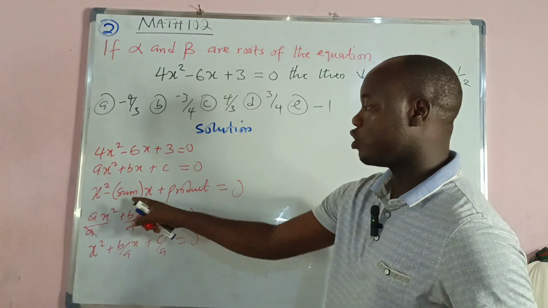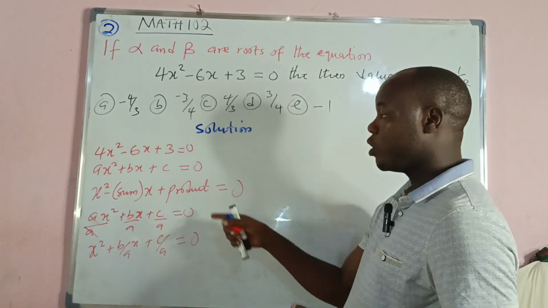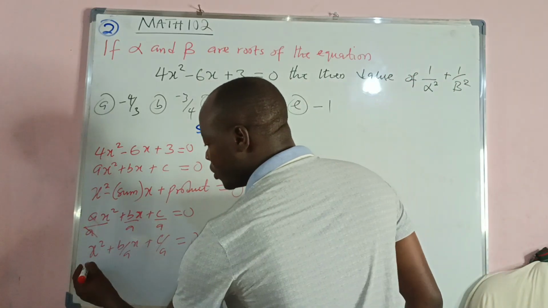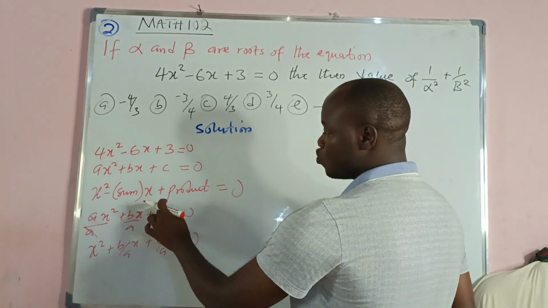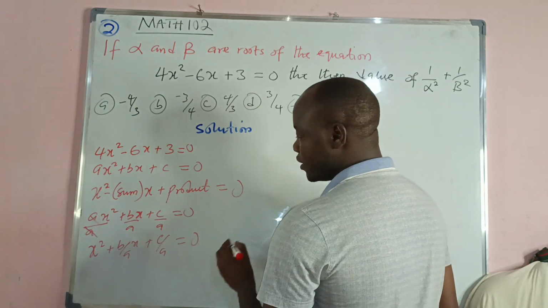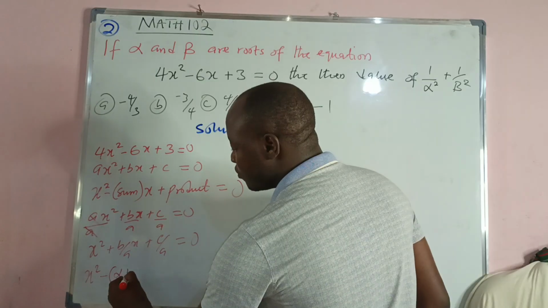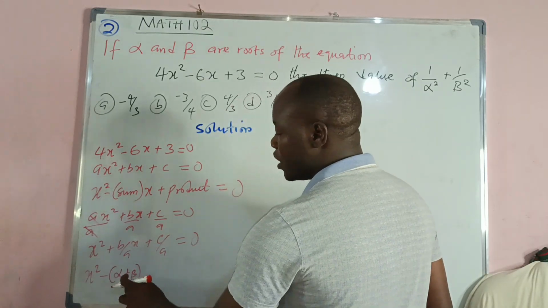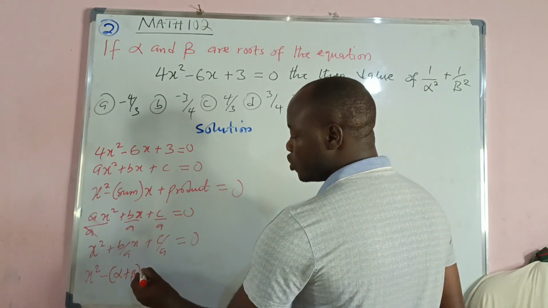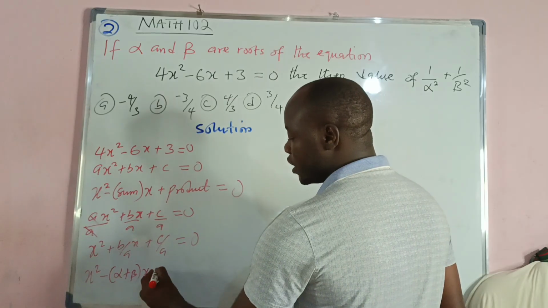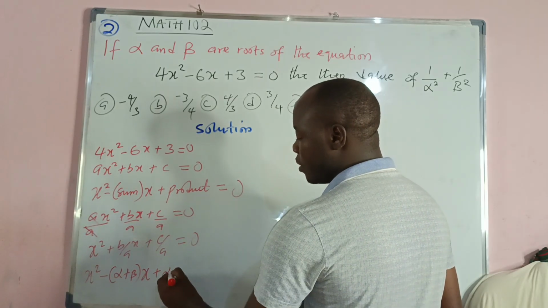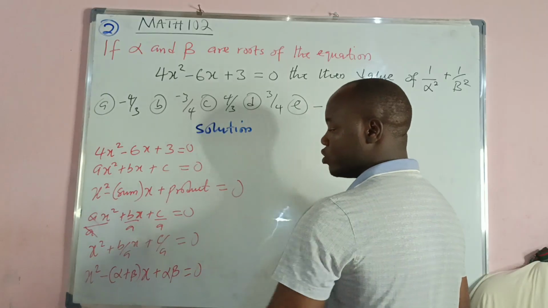Now we talk about the summation and the product. The summation is the same thing as x squared minus (alpha plus beta) x, since alpha and beta are the roots of the equation, plus the product, alpha times beta, is equal to 0.